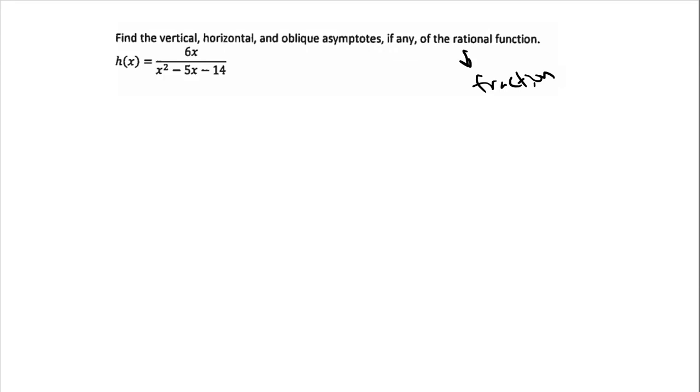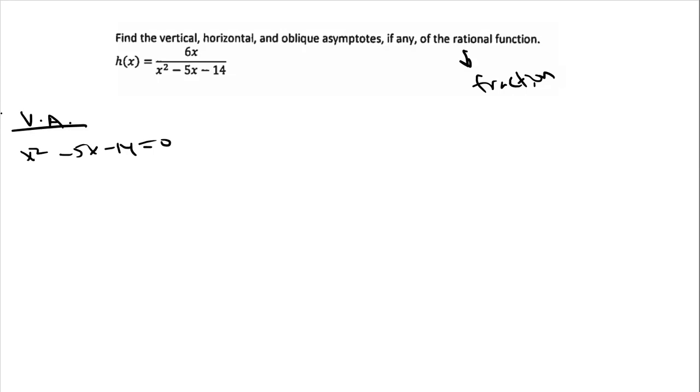To find the vertical asymptote, VA, we just take the denominator and set it equal to 0, because we're trying to see if there are any numbers in the denominator which make this undefined.